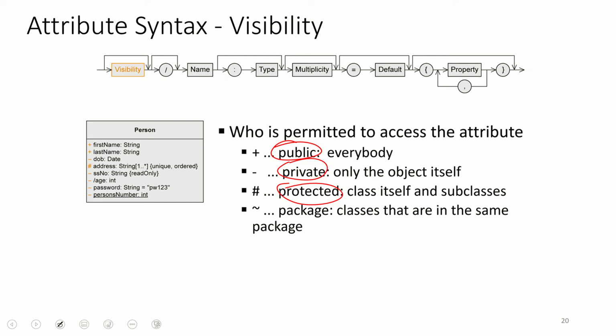But for private, only the class itself, all objects in the same class, can access the members. But protected only allows you to access in the same class and the subclass.